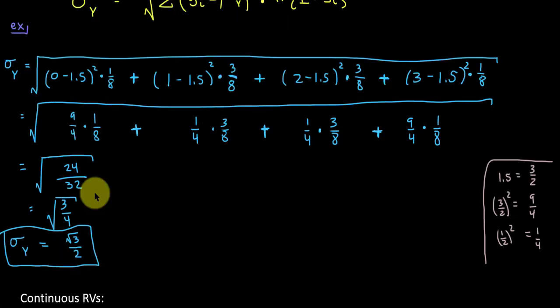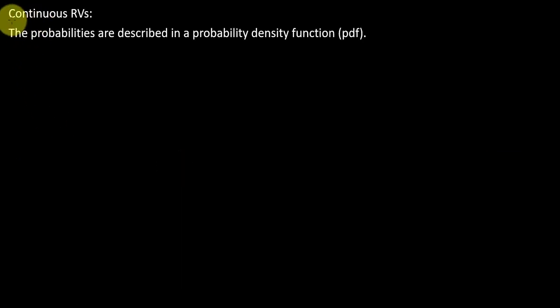So that's going to conclude our discussion here on discrete random variables and how we describe their probabilities with probability mass functions. Let's cruise on over to discuss continuous random variables. We touched on this in a previous video, but we will expand upon that now.